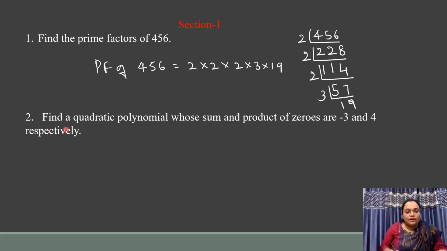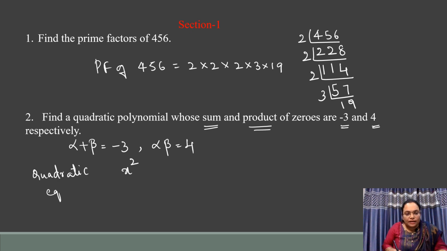The next one is, find a quadratic polynomial whose sum and product of zeros are -3 and 4 respectively. Sum is nothing but alpha plus beta, which is -3, and product of zeros is alpha beta, which is 4. Quadratic polynomial is equal to x squared minus x of (alpha plus beta) plus alpha beta.